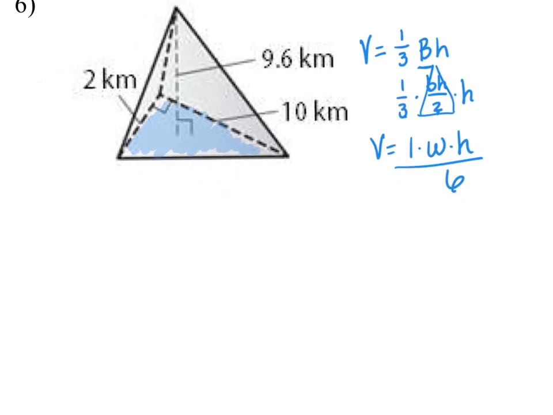So we're going to leave the numbers like they are. So length is 2. Width is 10. Height is 9.6. Divided by 6. Okay. I know 6 can go into 9.6, but I'm not going to mess with that. Does that make sense? I'm just going to multiply across.